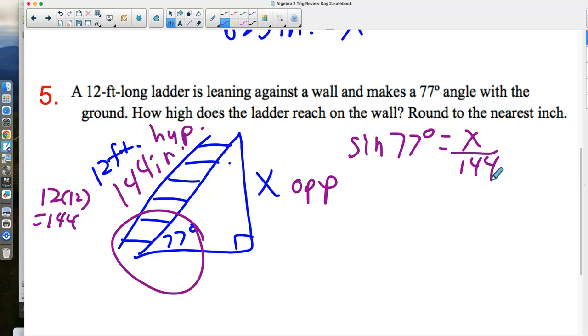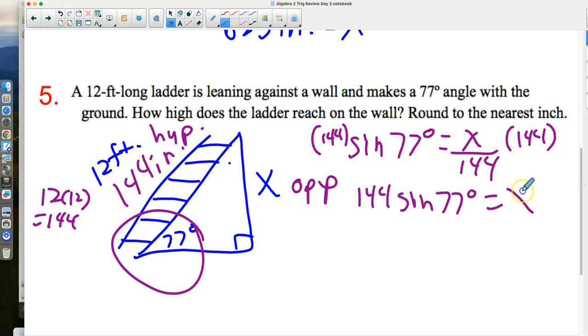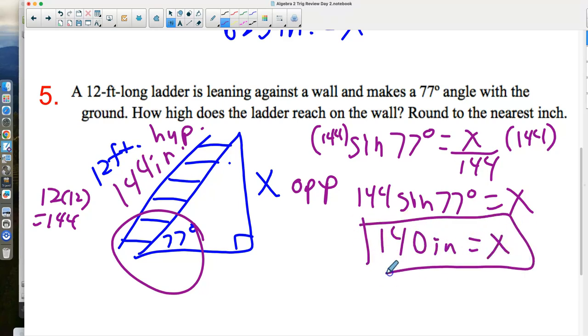That's exactly what we're going to do. 144 sine of 77 degrees. Put it in a calculator and round to the nearest inch. Beautiful.